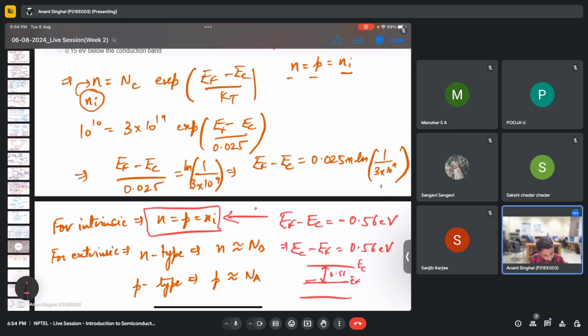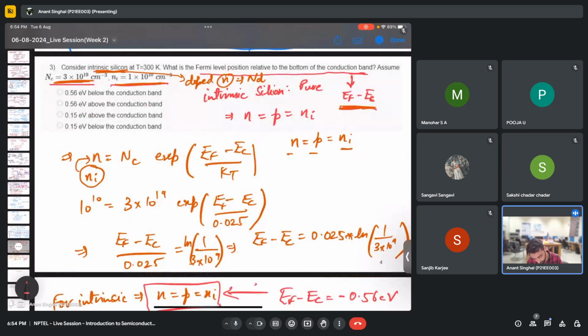So the Fermi level is 0.56 below the conduction band. That is what is given in option A. Do you understand? That is what we did for the basic question also: for an intrinsic semiconductor, we know that the Fermi level is between EC and EV, and we already know that the difference is 1.12. So half of that is 0.56.